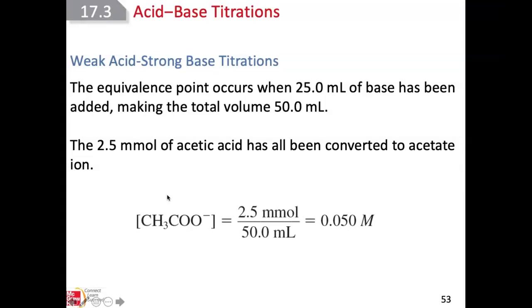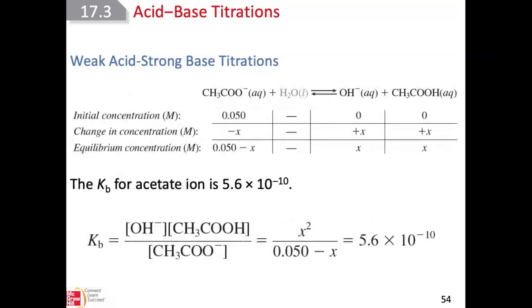You see the acetate ion. And so now we will find the concentration of this acetate ion, 2.5 millimole over the total volume. And we will have the concentration of the acetate ion, which is a conjugate base, is 0.05 molar.